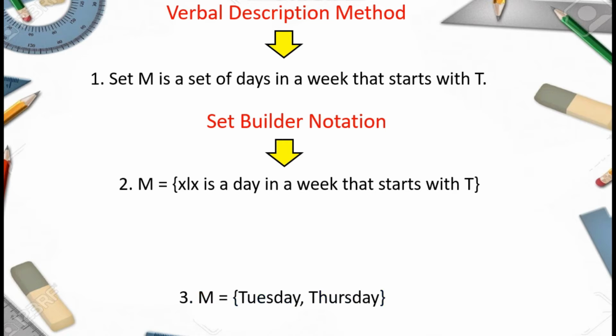Finally, set M has the following elements: Tuesday and Thursday. This set is written using the roster or the listing method.